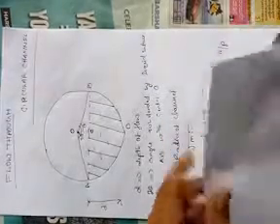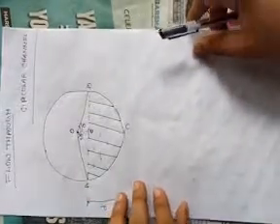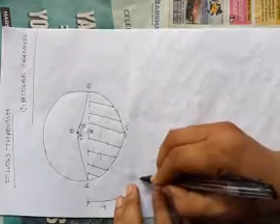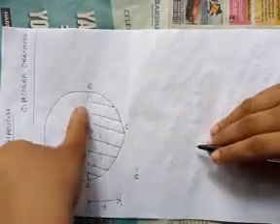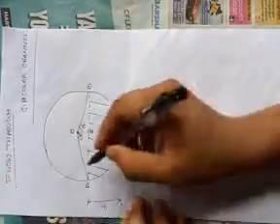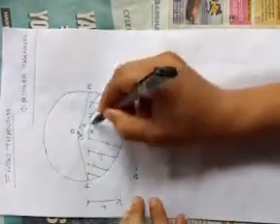Okay, so here the first case, you have to find out the area of the flow. How to find out the area of the flow? See the figure. See, this is the wetted area.